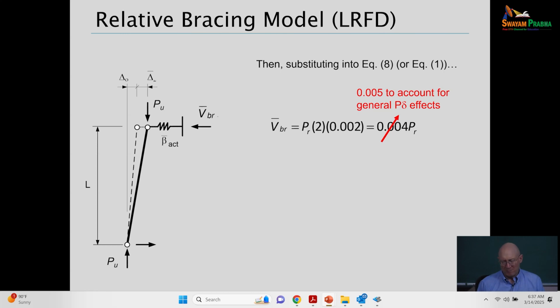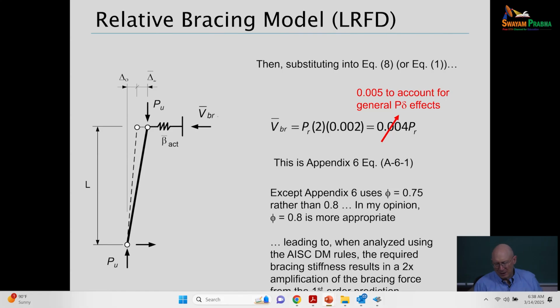And so 0.005 is a good number for accommodating that more general case. And so this is Appendix 6, equation A-6-1, except Appendix 6 actually uses phi of 0.75 rather than 0.8. I would say 0.8 is more appropriate.